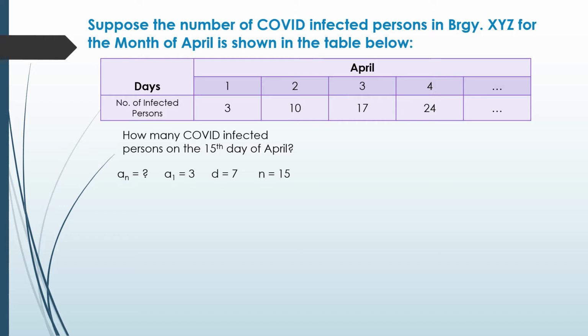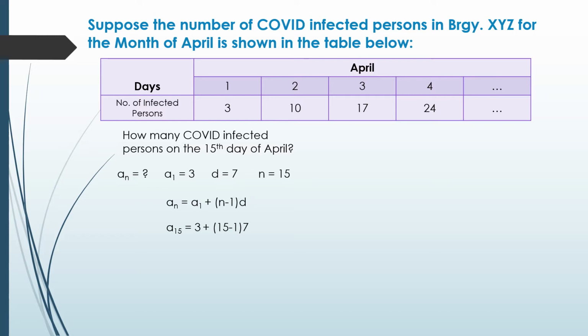n is 15. So using the formula, a sub n is equal to a sub 1 plus the product of n minus 1 and d, we are going to substitute all the variables. For a sub 1, which is 3, n, which is 15, while our d is 7.